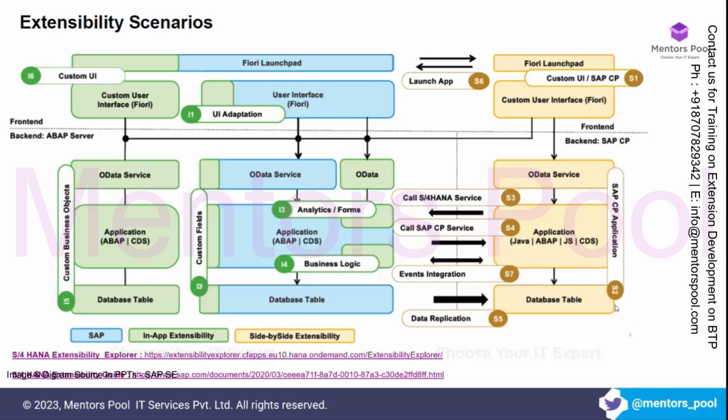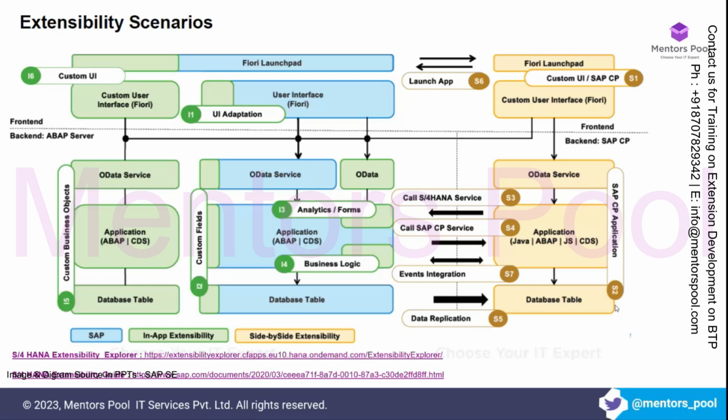And parallel to the standard OData service, we could have our own OData service, which would be a hybrid solution consuming the standard OData service. On top of the standard UI, we could have our own interface. And on top of the Fiori launchpad available on premise, there could be a launchpad on BTP as well. But they can interchangeably act as a central launchpad, because even applications deployed on BTP can be exposed in the launchpad on premise and vice versa.